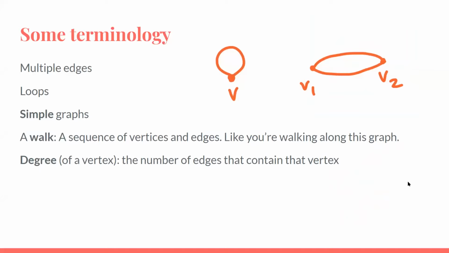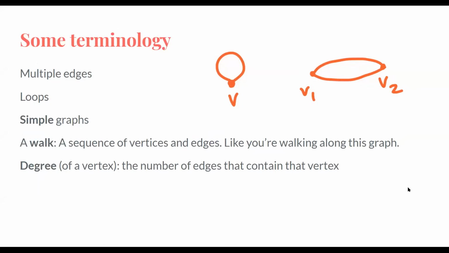So just some terminology I'm going to introduce to you guys that will be used later. There are some things in graphs that are less common. Some include multiple edges and loops. These two features of some graphs basically mean what they sound like. There are multiple edges connecting two vertices, and this image right here would be an example of that.